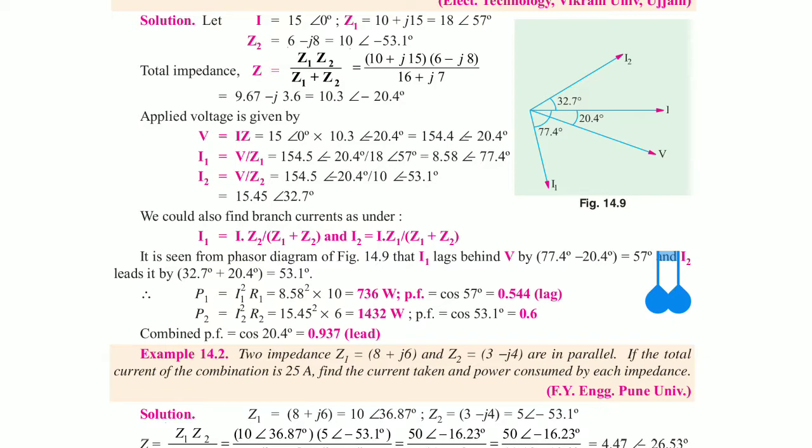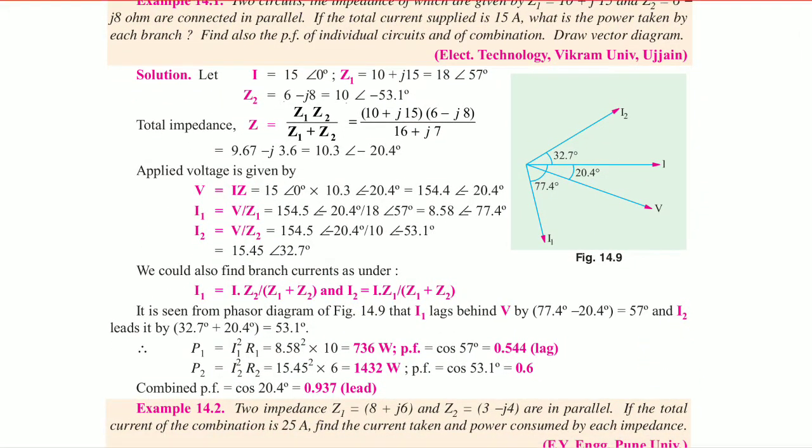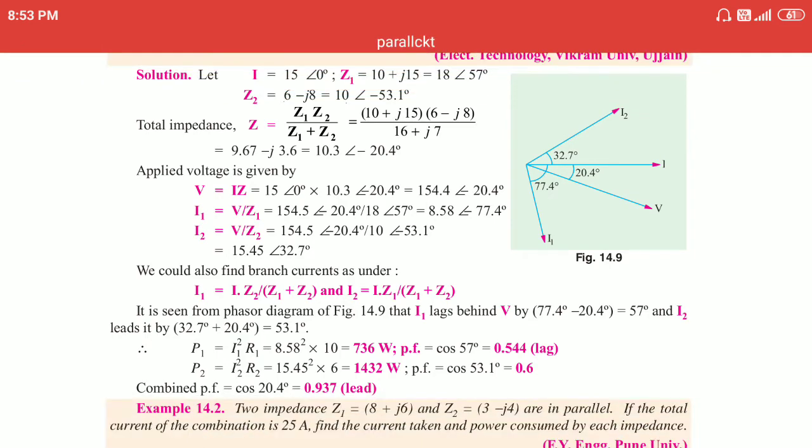The power taken by branch 1 and branch 2, P1 and P2, has been determined, and the individual power factors in branch 1 and branch 2, and after that the combined power factor is also determined. This is the overall solution of the problem.